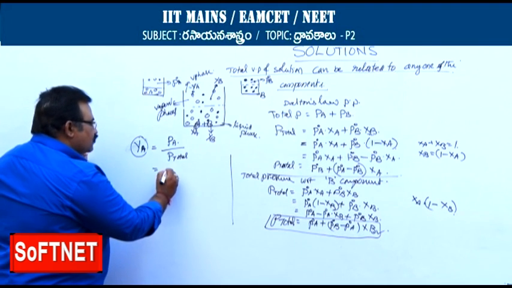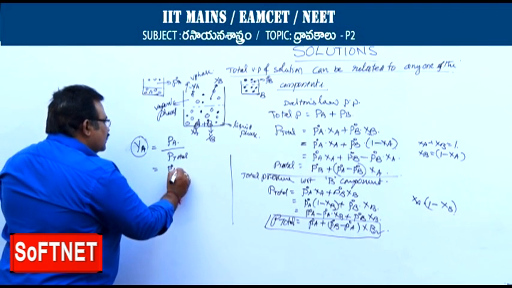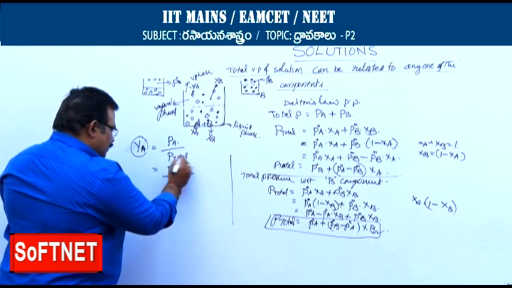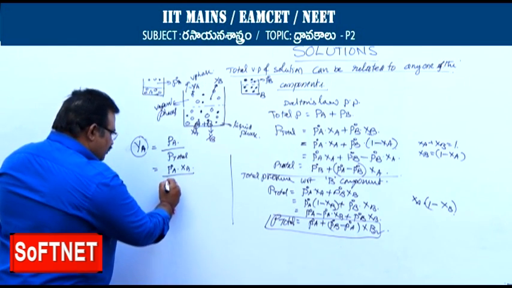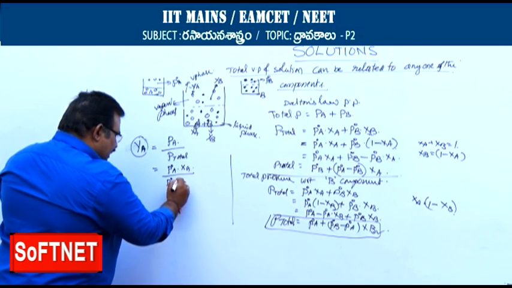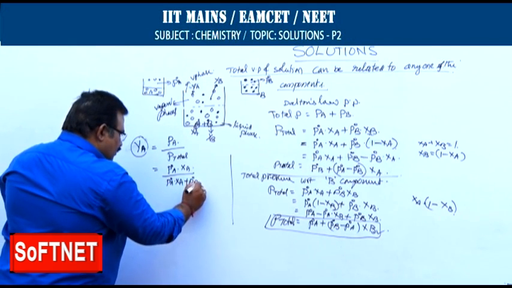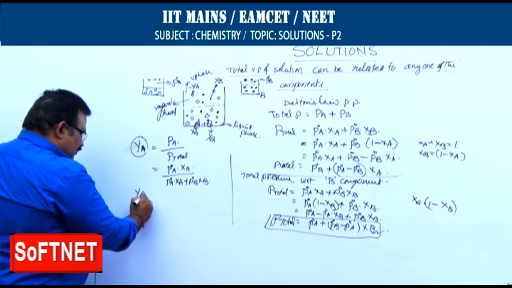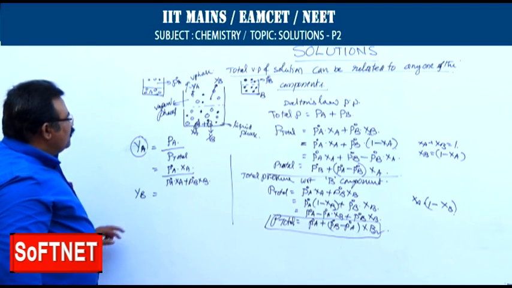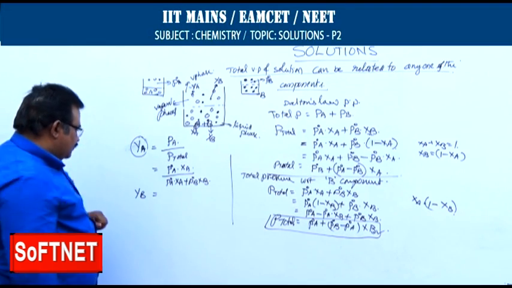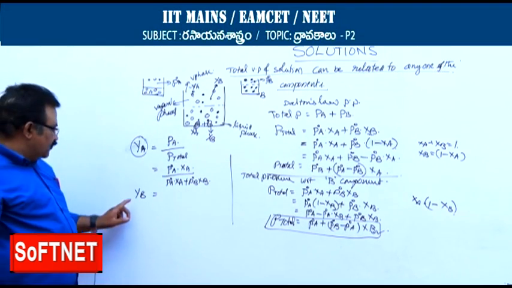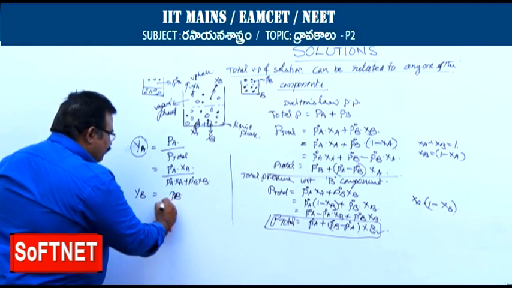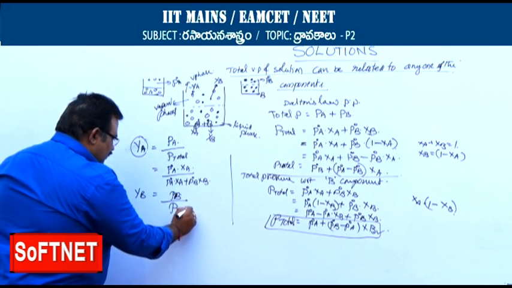Partial pressure of A means P naught A into XA, by total pressure of the solution, which means P naught A XA plus P naught B XB. Similarly, the composition of component B in vapor phase is PB by P total.